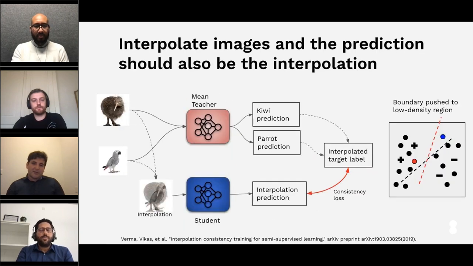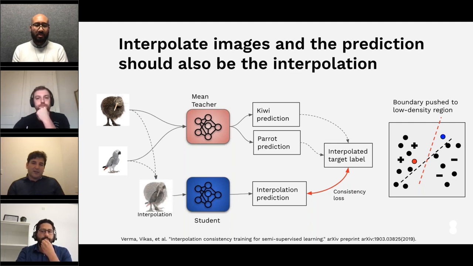Yet another approach is a mix of different ideas. Here you have two images from your unlabeled training set. Again, we don't know the labels, but we can interpolate directly between the images and get an interpolated image. The assumption is that the prediction of this interpolated image should be the interpolation of the predictions of the other two images.